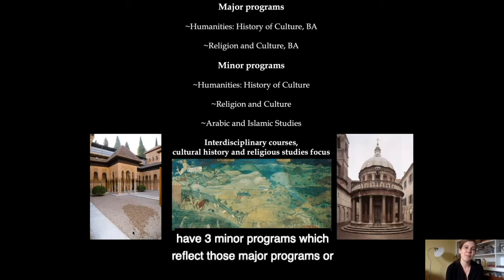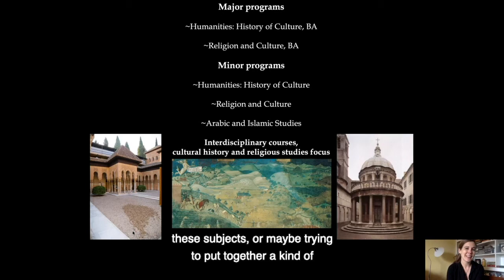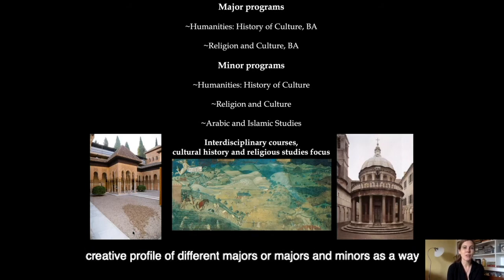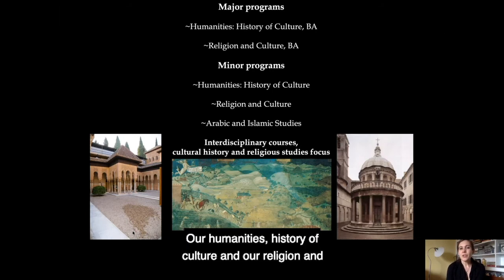We also then have 3 minor programs which reflect those major programs, or kind of miniature versions of those, which can be a great option for students who are testing out their interest in these subjects, or maybe trying to put together a kind of creative profile of different majors or major and minors as a way to enrich and customize their study at Western. Our Humanities History of Culture and our Religion and Culture minors are basically 6 course minors.